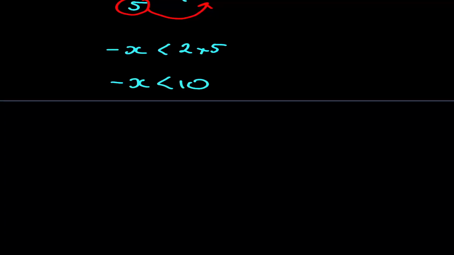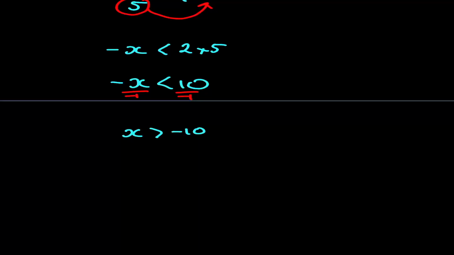I want to know what x is, so I'm going to divide both sides by negative 1. But whenever you divide by a negative, the inequality flips. So it actually becomes x is greater than, and 10 divided by neg 1 is neg 10. So x is greater than neg 10.